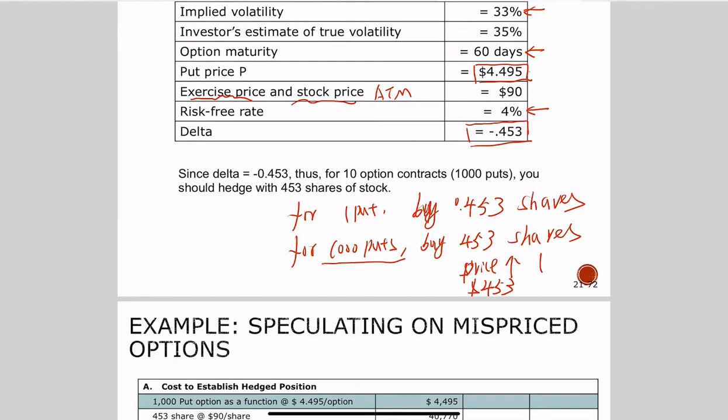So this implies that for each put, the value will decrease by 0.453. And you have 1,000 puts. So the value will decrease by 453. And you can see that these two numbers will offset with each other. So your portfolio's total value would stay the same.